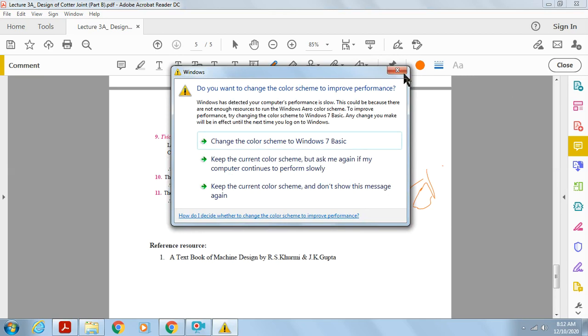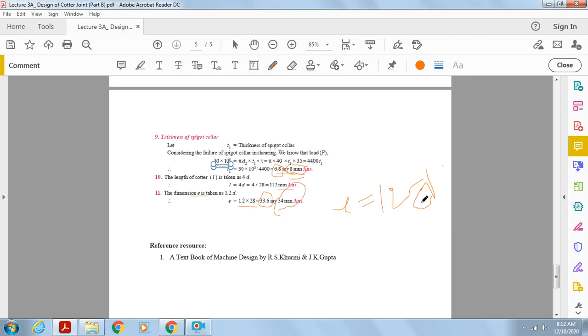In order to draw this joint, we have already calculated all the dimensions as per the design calculations, so use those dimensions and finally draw the cotter joint. Now this is the reference textbook: Textbook of Machine Design by R.S. Khurmi and J.P. Gupta. I have used this book as a reference for these design calculations.